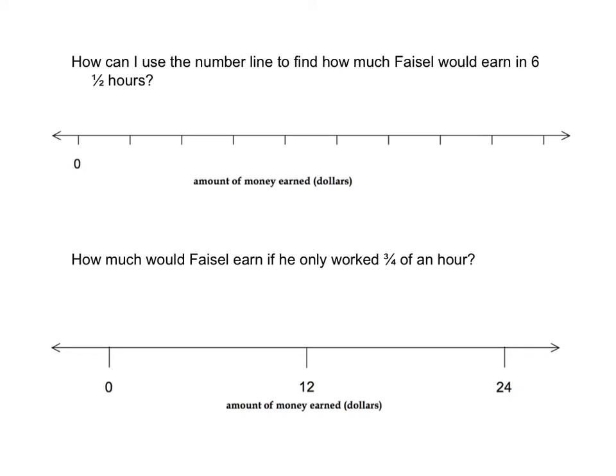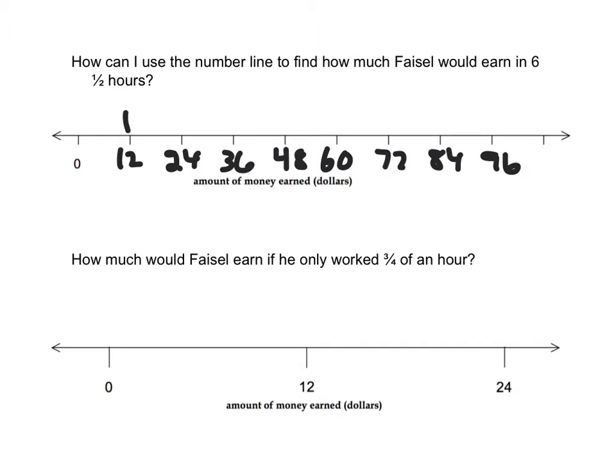All right, so we started to look at how we would use the number line using whole numbers, and now we're going to look at what happens when we have a fraction. I'm going to set up my number line using that same idea. So I'm going to go by 12s on the bottom, and whole numbers on the top.